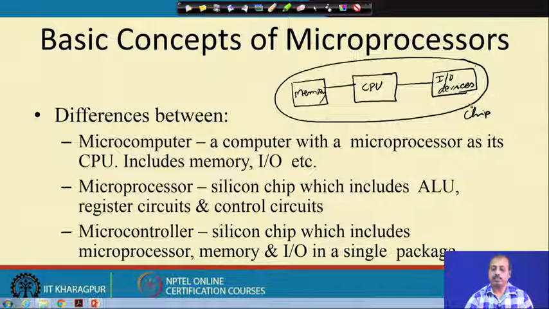That makes off chip communication slow. So, the microprocessor will be a bit slow in many cases as far as this communication is concerned compared to a microcontroller.